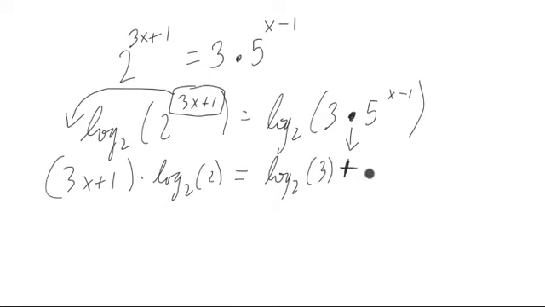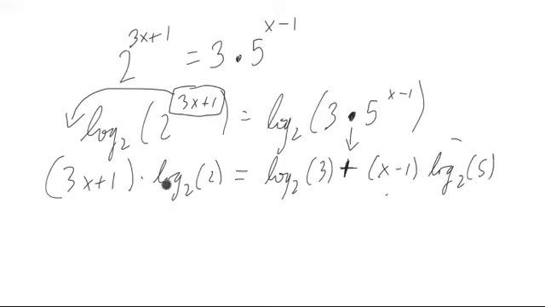So plus, and then we have log base 2 of 5 to the x minus 1. Now we can send this x minus 1 out front here. So writing that down, replacing this, we can think of this as simply being x minus 1 multiplied by log base 2 of 5.